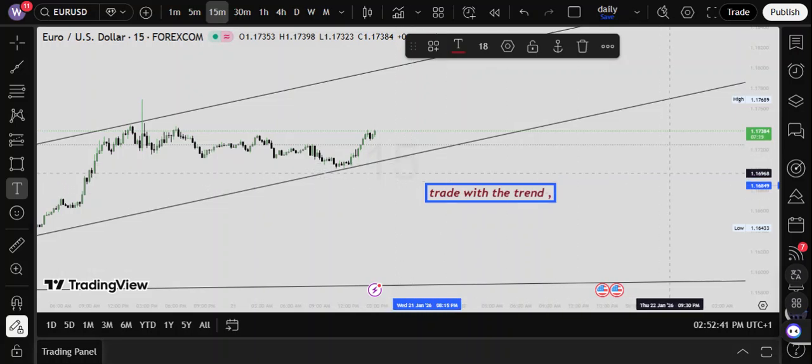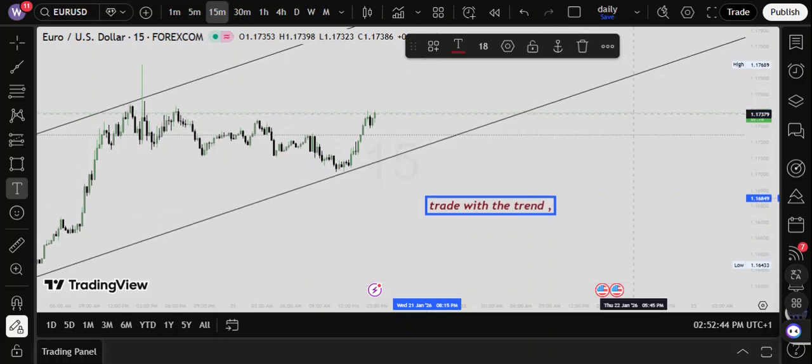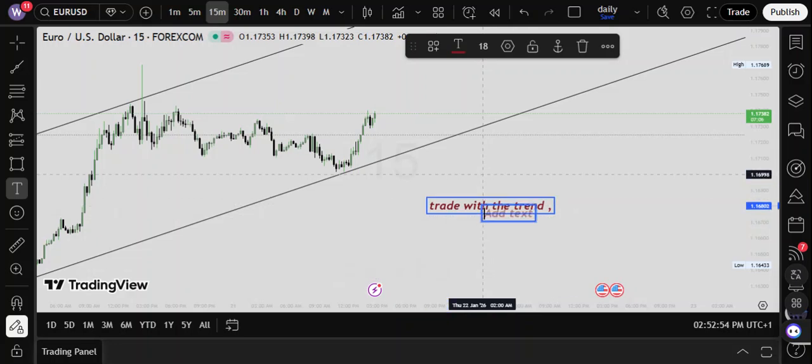So now, what are you looking for in your 15-minute time frame? You look for an order block area and a fair value gap area. Now, what makes an order block area valid? Let me explain. An order block area is valid when you have a change in market character and a fair value gap.